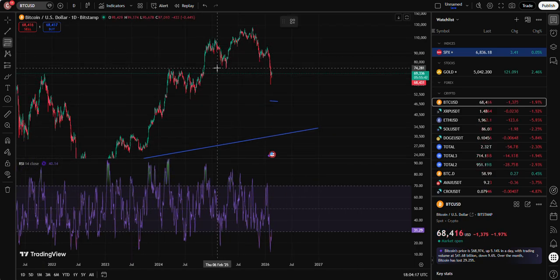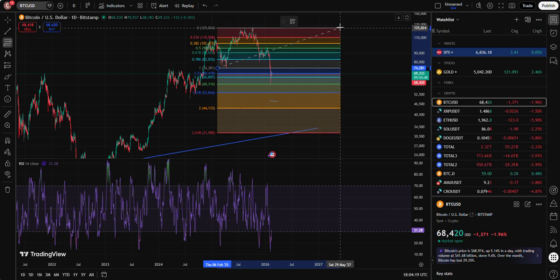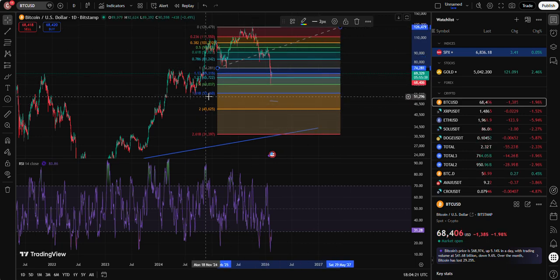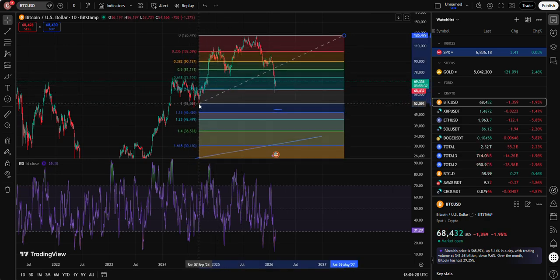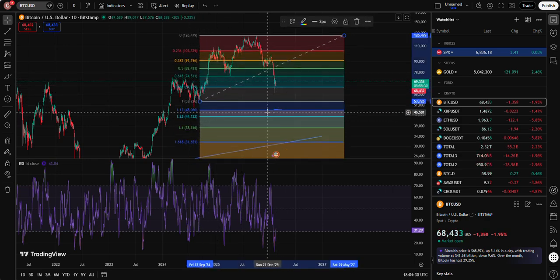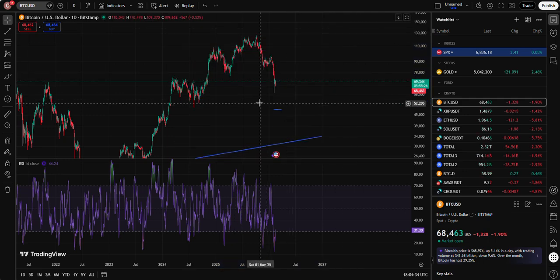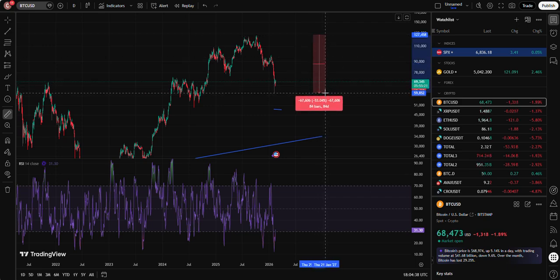For example, if we take this point until this point, here 1.618 is around 53. If we go from here to here, 53.